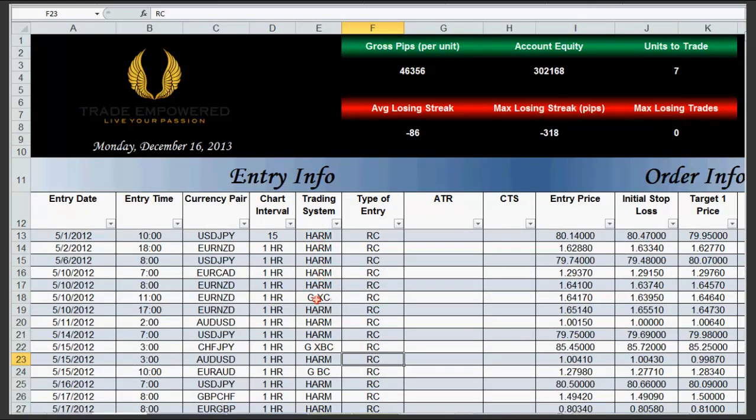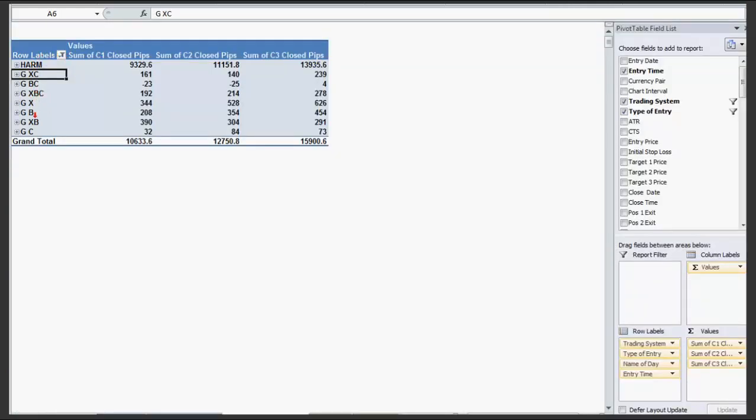We got the HARM trading system, we got the GXC trading system, we got the GXBC trading system, and if I go to my tune-up sheet, you're going to see all of those different trading strategies, okay? So if you were a pattern trader, you might have Gartley, butterfly, bat pattern, crab pattern, that type of stuff, right? That might all be in here as a different strategy that you're trading.